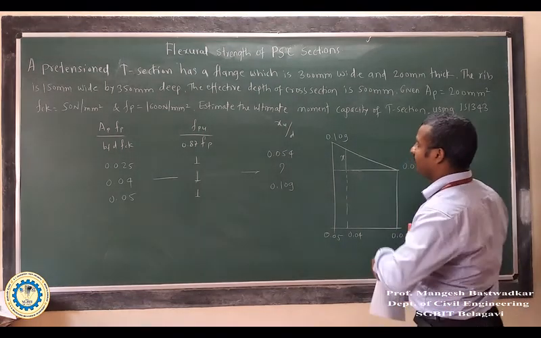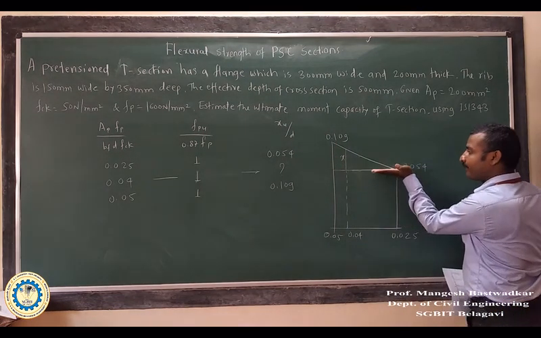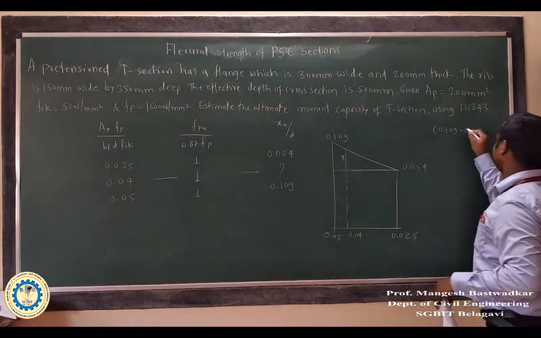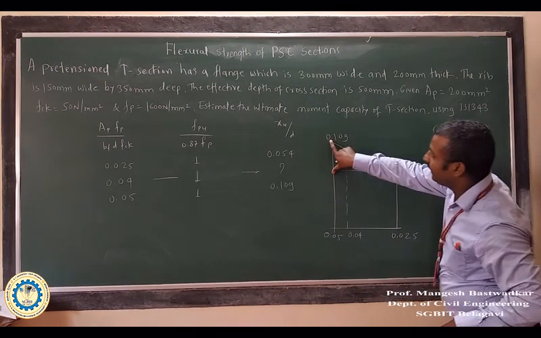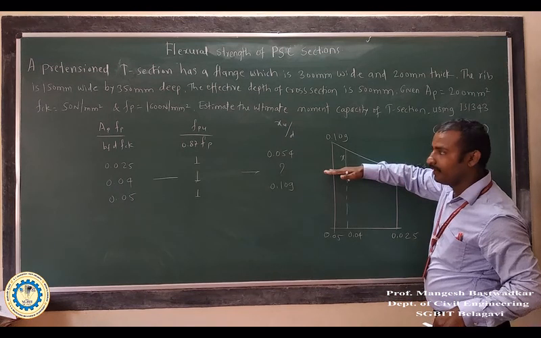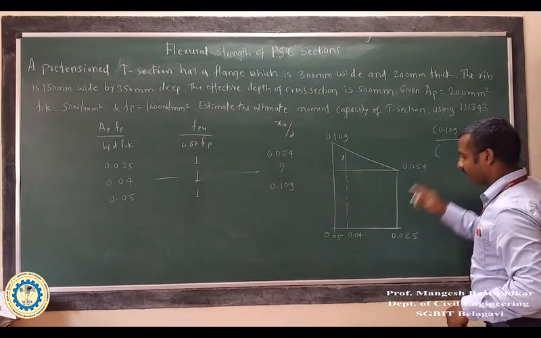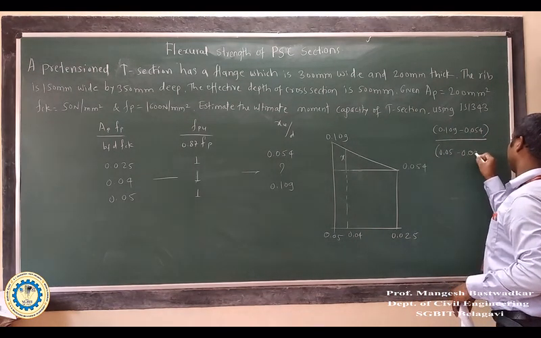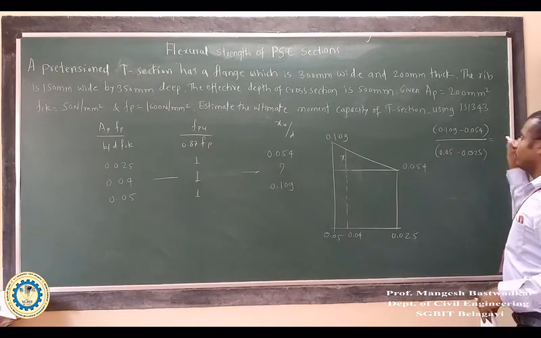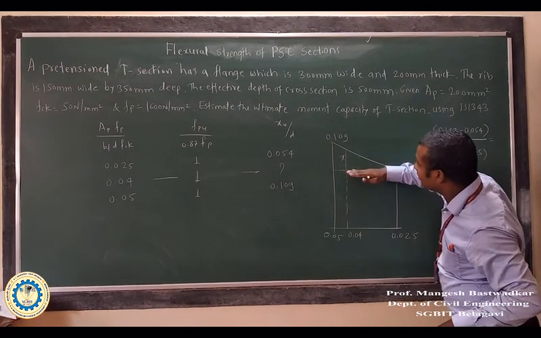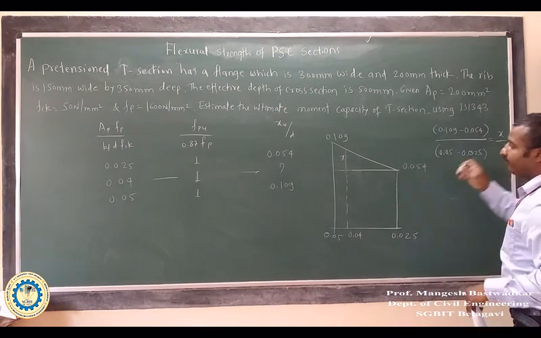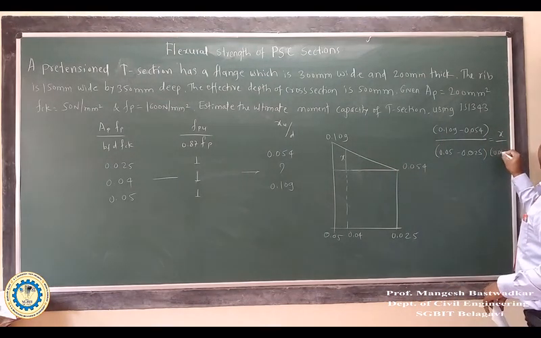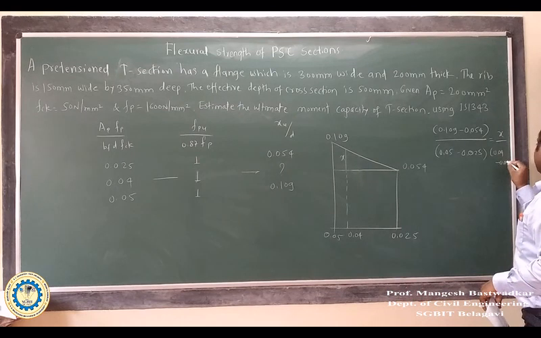So this height divided by this base: 0.109 minus 0.054 divided by 0.05 minus 0.025 is equal to this height x divided by this base, 0.04 minus 0.025.